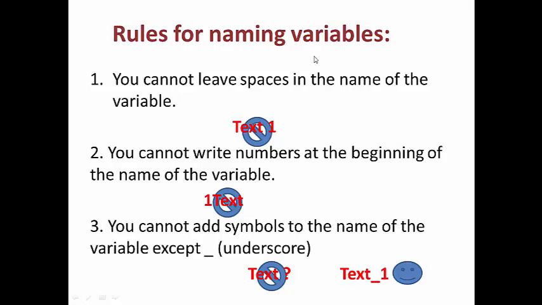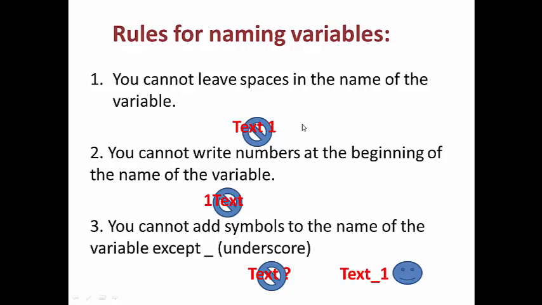¿Cuáles son las reglas que debes usar cuando vas a nombrar tu variable, cuando vas a llamar a la variable? First, okay, first, you cannot leave spaces in the name of the variable. So it is not allowed, it is prohibited to write a variable like text space 1.